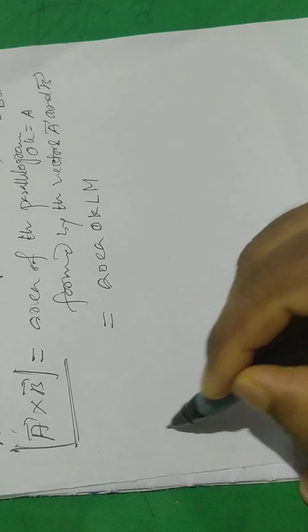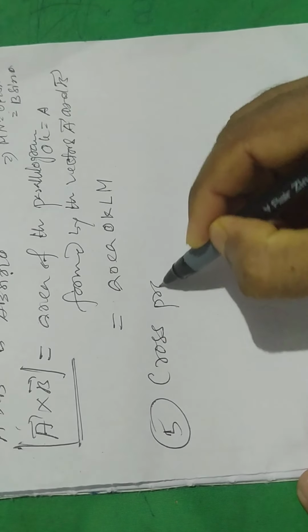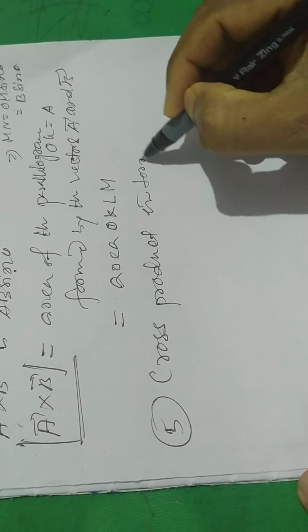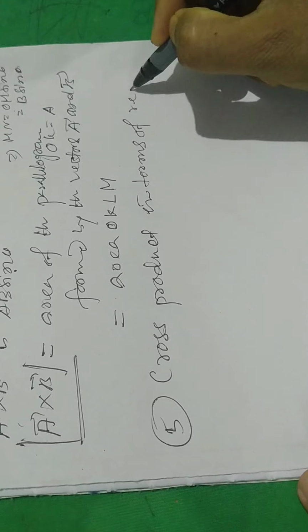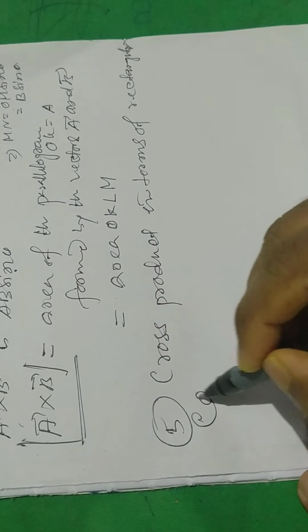Now property number 5, cross product in terms of rectangular components.